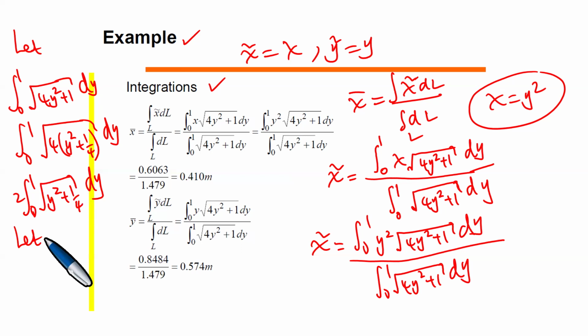You can let y be equal to the tangent. Right, so if you let y be equal to the tangent, what then are you able to get? Doesn't matter. Let y be equal to the tangent of theta, for example.